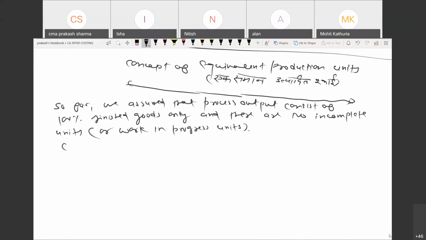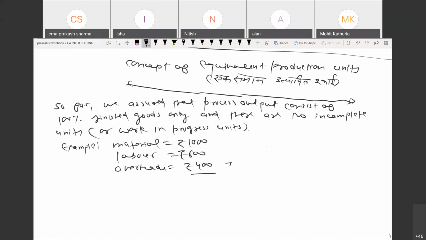For example, suppose we introduce material in a process amounting to rupees 1000, then labor amounting to rupees 600, then overhead rupees 400. So total amount becomes rupees 2000, right?